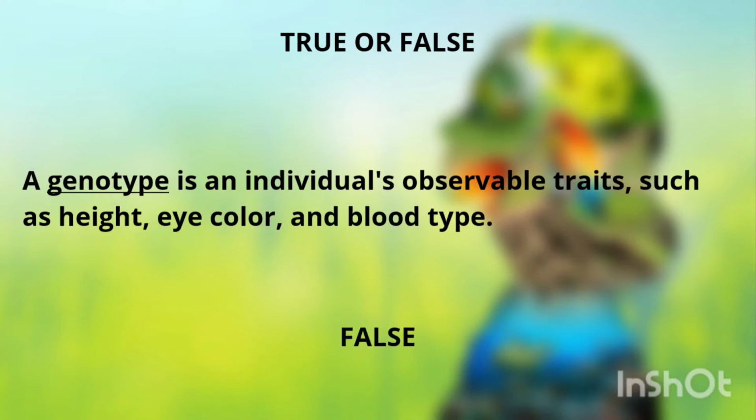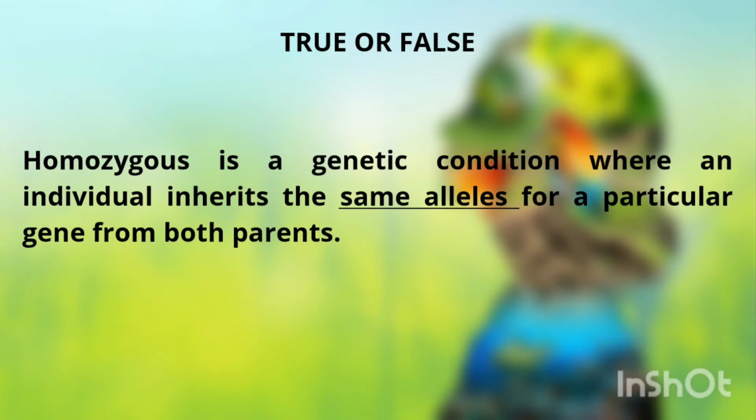If your answer is false, then you are correct, because it is not genotype but phenotype that is the individual's observable traits or the physical manifestation of traits. Number 2, homozygous is a genetic condition where an individual inherits the same alleles for a particular gene from both parents.